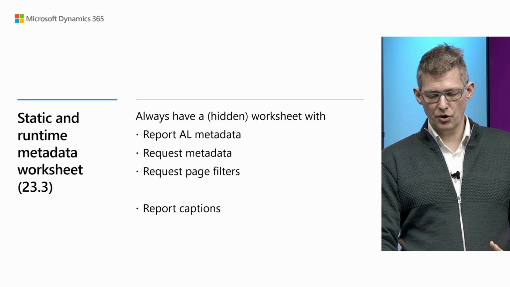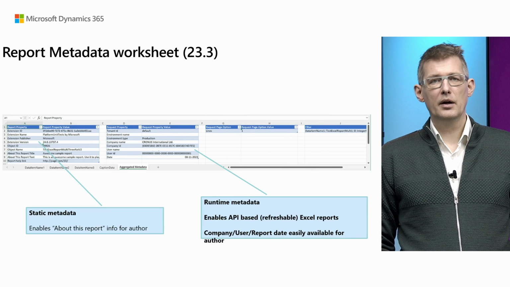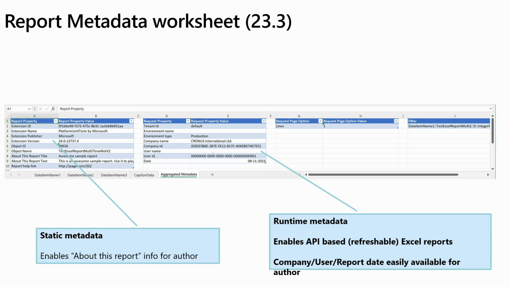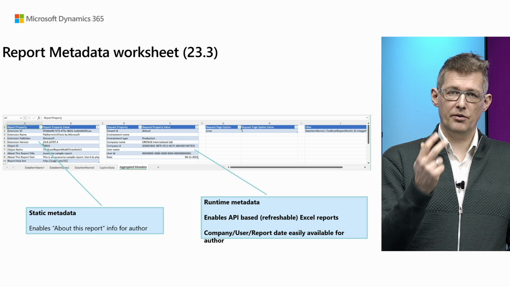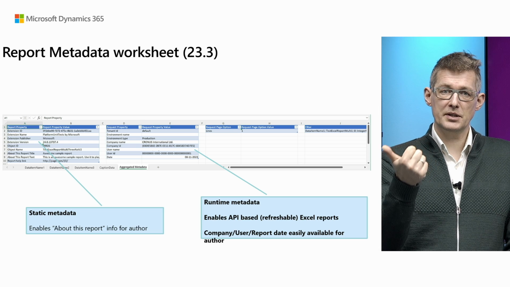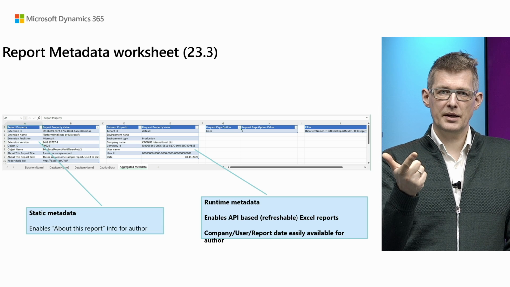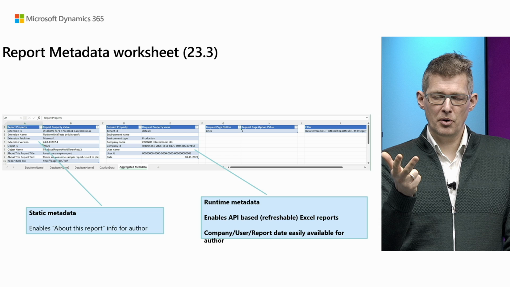I can show you here this worksheet with static metadata, things from the report object itself. So things like what extension does it come from. Most importantly for you as a report layout designer are the three things: the report title, the report text, and the report help link.